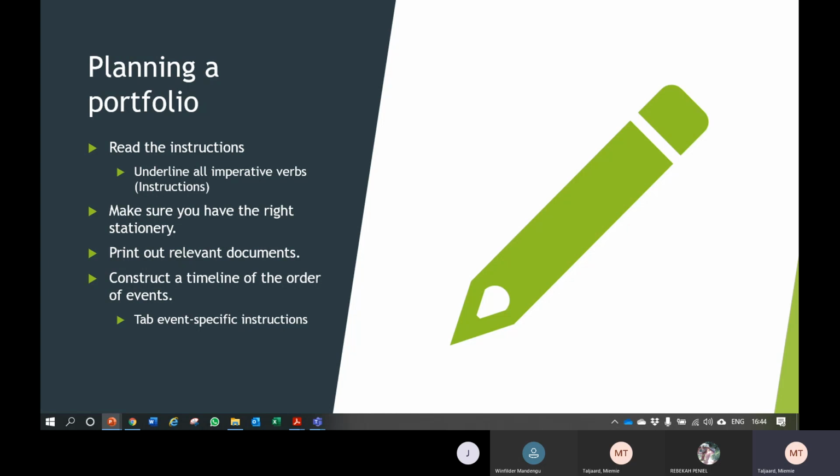Please, if there are specific instructions like what to take or what to wear, it's a good idea to mark those with a post-it note so that the night before or the day before you can just check, do I have everything at the right time, in the right place.